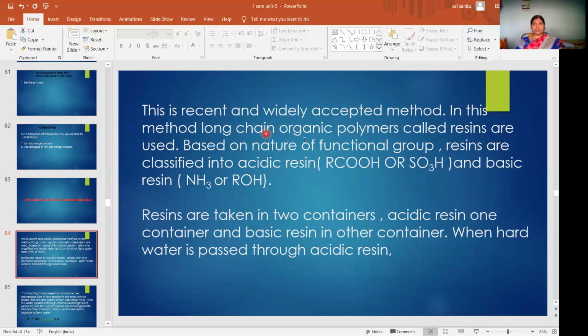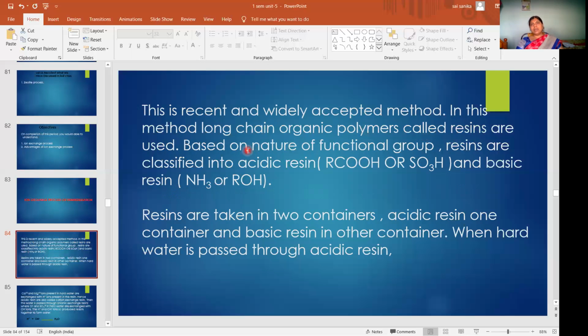Organic means it is made up of carbon and hydrogen. Main skeleton is made up of carbons and hydrogens. It is a very long chain, and its molecular weight will be very high. Polymer: poly means many molecules are joining together and you are getting a very huge structure. So those organic polymers called resins are used in this process.